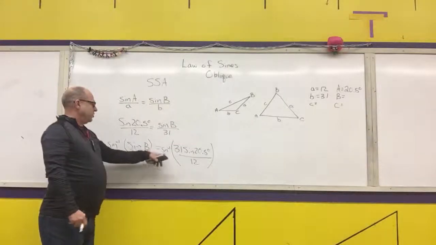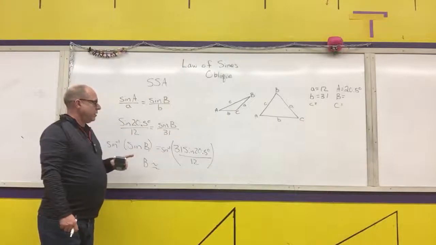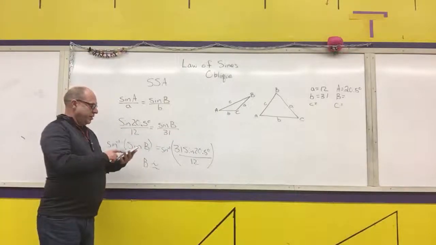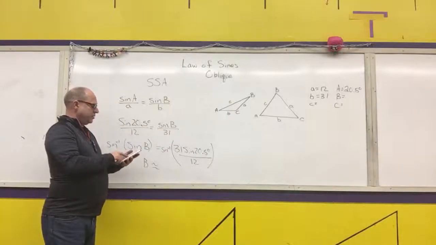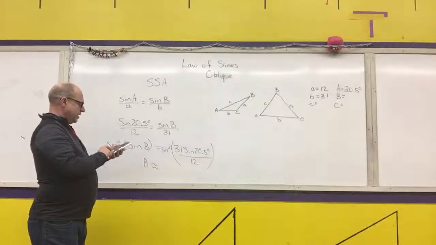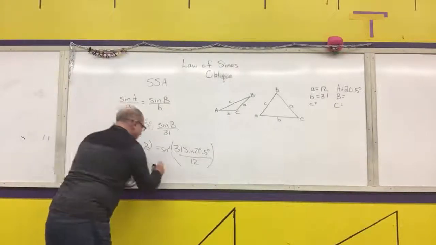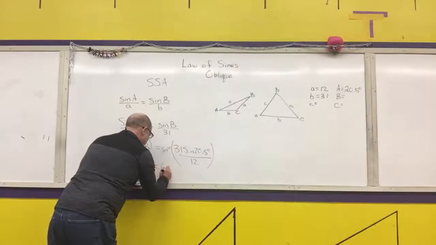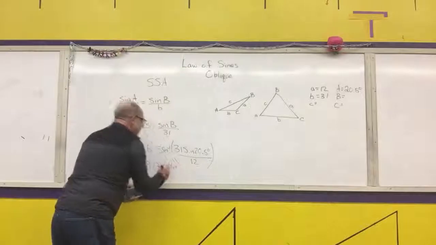Remember, the inverse sine of something is going to give me an angle. Make sure you are in degree mode in your calculator. So I'm going to do the inverse sine of the fraction 31 sine 20.5 over 12. And it gives me approximately 64.8 degrees.